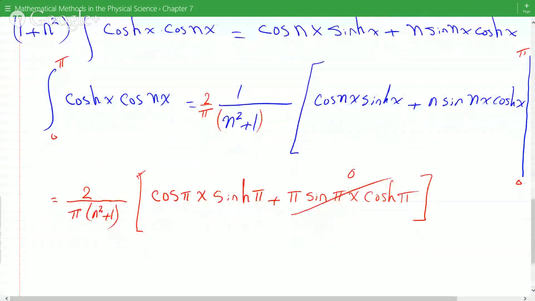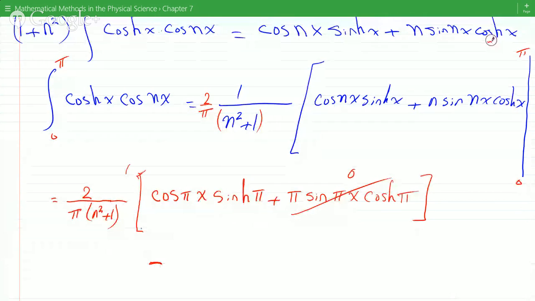Minus, now we'll put in the zeros. Cosine 0 is 1, yeah?